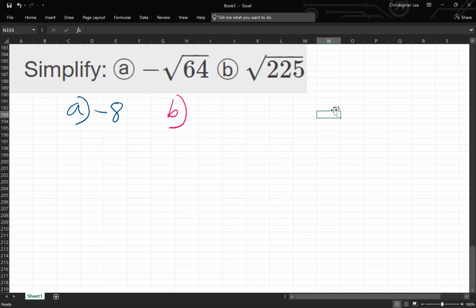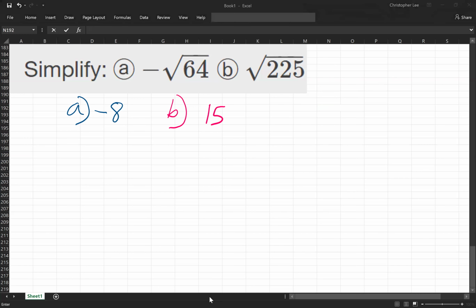Yep, 15. So in your calculator, if you were to do it, it's second, square root, and then you just write the number, and that's it.